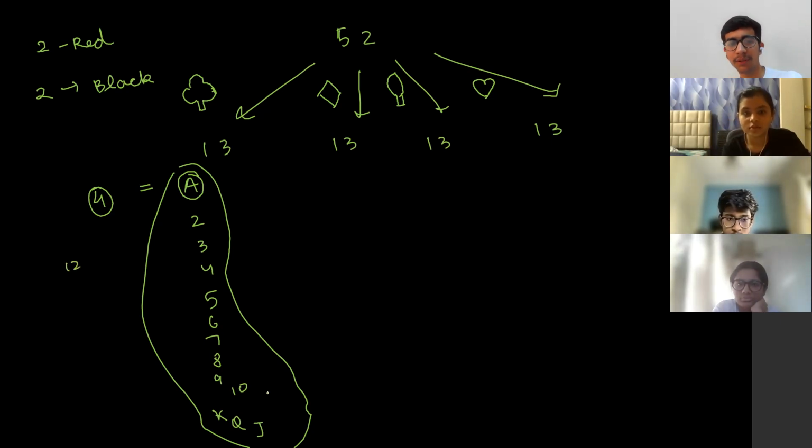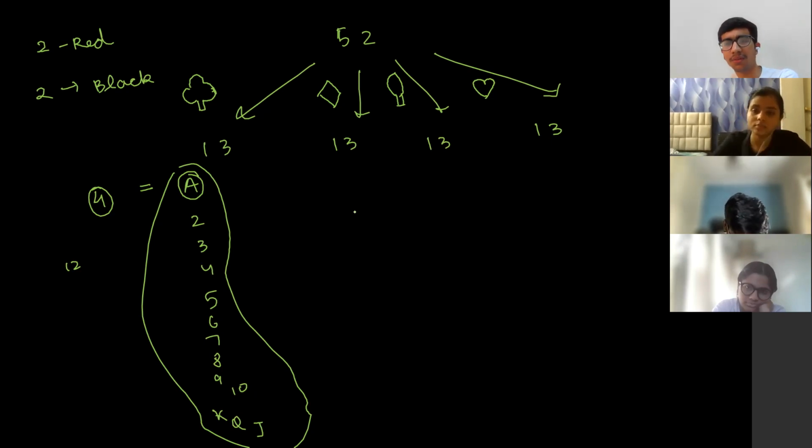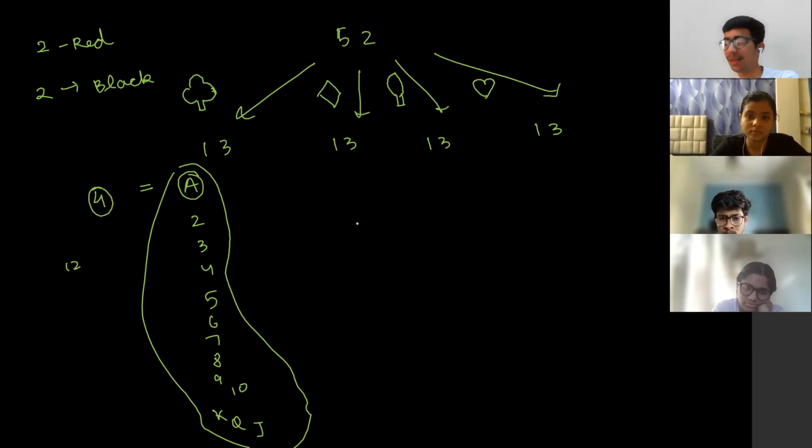K, Q, J are the face cards and each suit has them, so 3 plus 3 plus 3 plus 3, 12. Okay, that's all I guess. Does anyone know anything else? Sir, if you teach us to play the game, then we won't be able to do PnC.